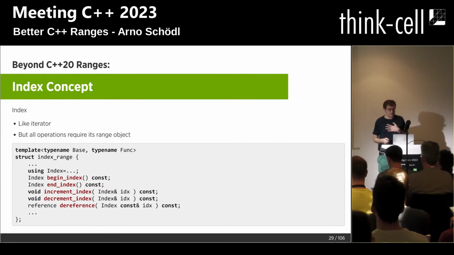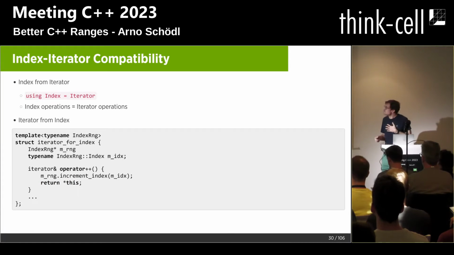But that's not so bad, because it's pretty easy to fix the compatibility between indices and iterators. If we have an iterator and we want an index, that's trivial, because we can just use the iterator as the index.